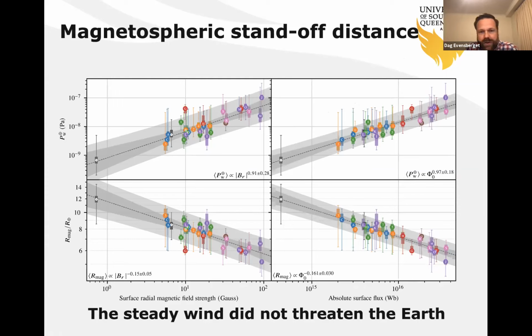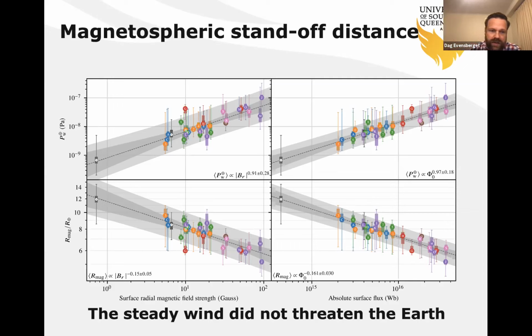The main thing that we would perhaps be interested in for the young Earth is this quantity called the magnetospheric standoff distance, which is the distance from the planet to where the Earth's magnetosphere meets with the magnetosphere of the star.